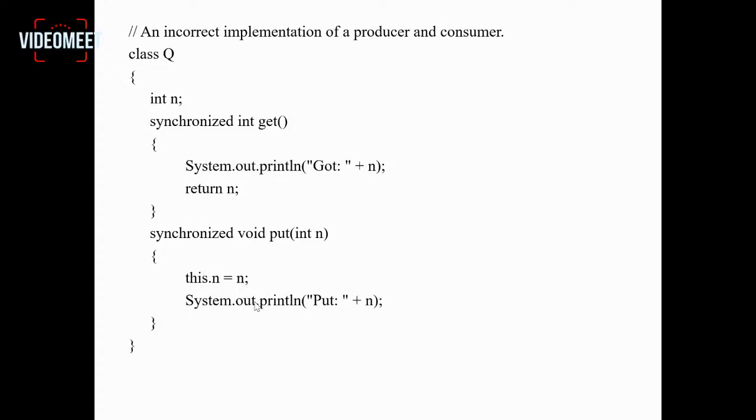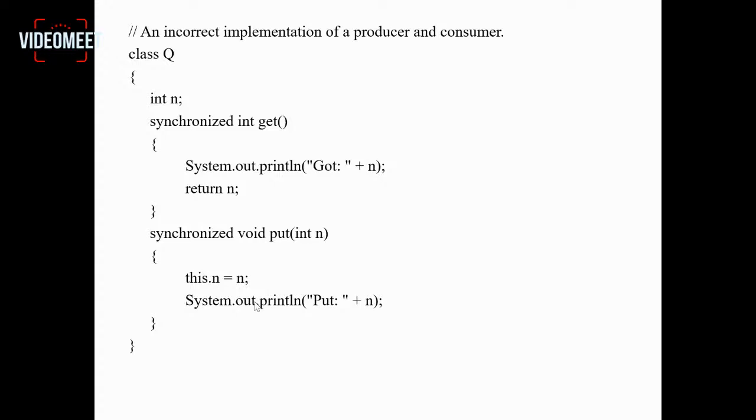Always we should see that both producer and consumer are communicating and synchronizing with each other, so that the producer will not produce more items and overwhelm the consumer, and similarly the consumer will not try to consume an item when there is no item. So that should not happen.